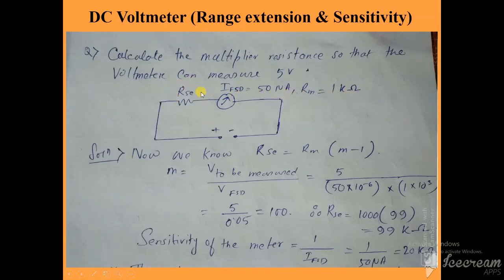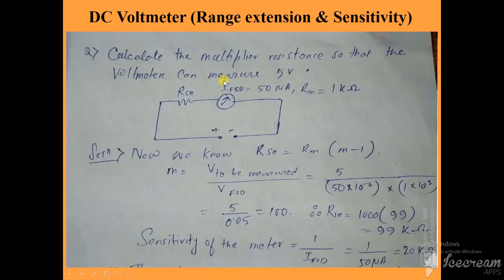You need this thing, RAC. So you know the formula, RAC is equal to Rm into m minus 1. m is V, the voltage to be measured, divided by the full scale voltage. Now the full scale voltage is the voltage across the meter, right? So it is I into Rm, Ohm's law.